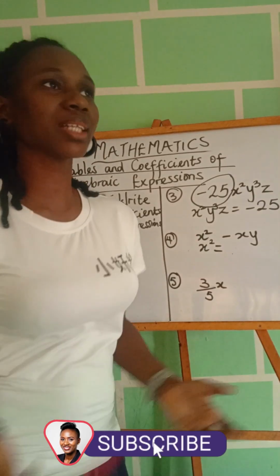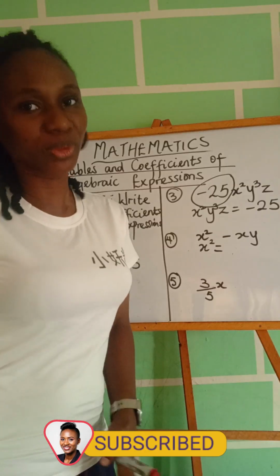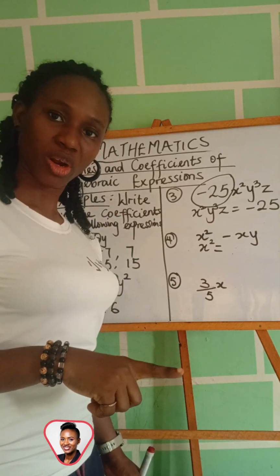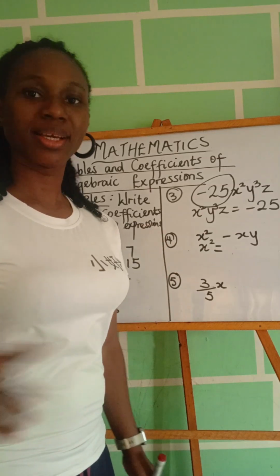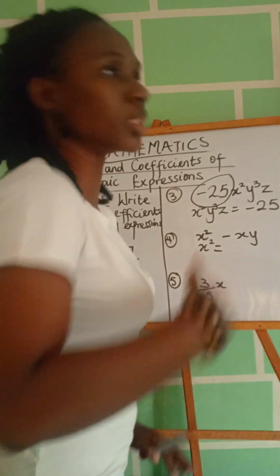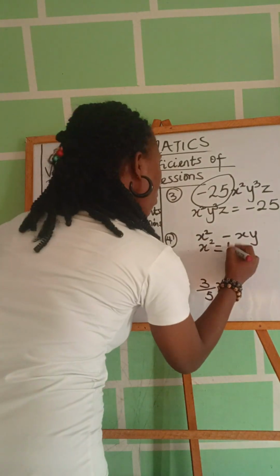For example, I can decide to say 1 apple. If I say an apple, that is 1 apple, right? But if you say 2 apples, that means you've included a number. So an or a represents 1. Since they didn't write any number, that means automatically the coefficient of that variable is 1.